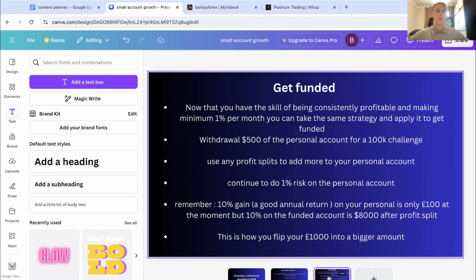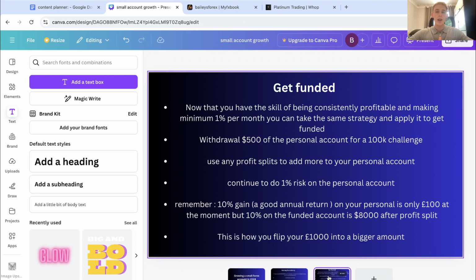What are the chances of you doing that on your original $1,000 account, risking 1%? Very, very unlikely. So essentially what we've done is we've bypassed that whole process of trying to flip the small account into a large one, and we've just gone to get funded, and this has allowed us to make that large amount of money from a small amount of money, just simply from leveraging larger amounts of capital.